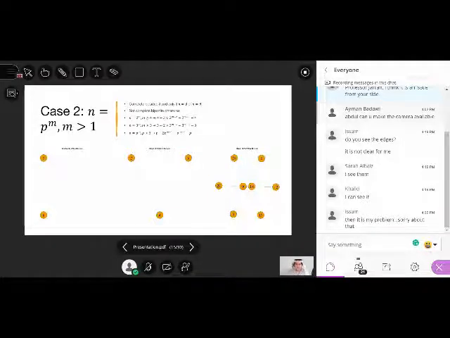I'll go for the second case. N equals 3 to the power of m, where m is greater than 2, or m is equal to or greater than 3. So that's 3 to the power of 3, 3 to the power of 4, and so on. And again, we use a similar method. We construct an odd cycle. We prove that an odd cycle exists, and therefore, it's not complete bipartite.